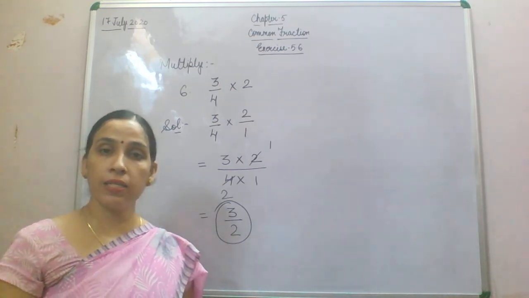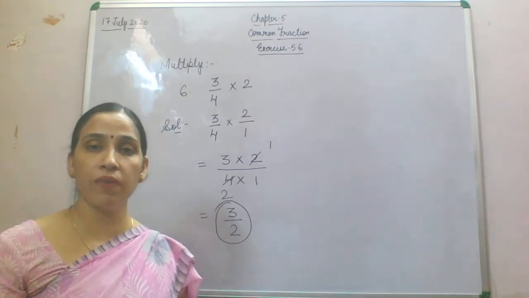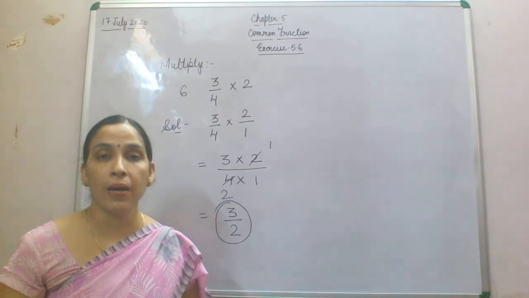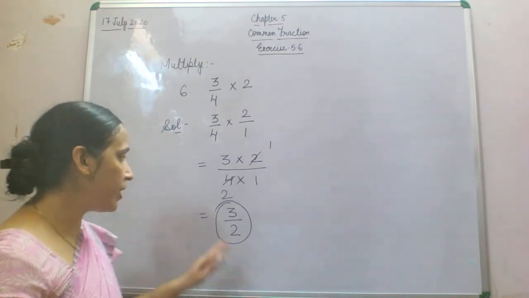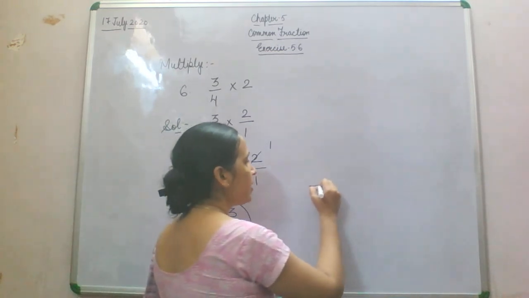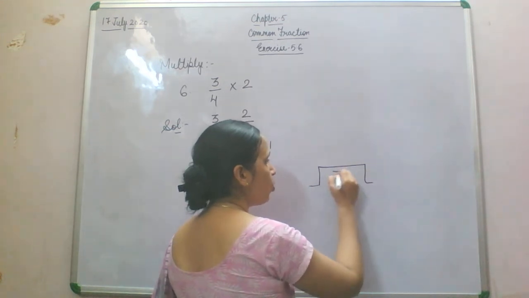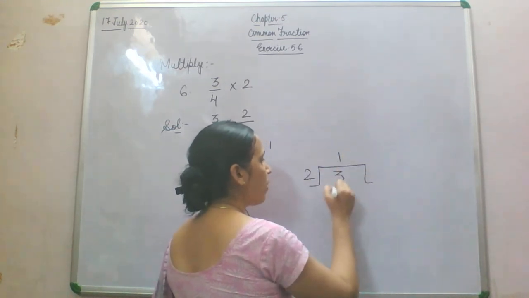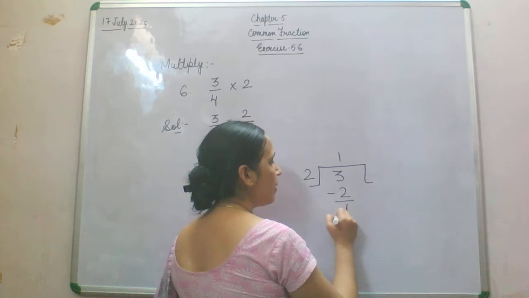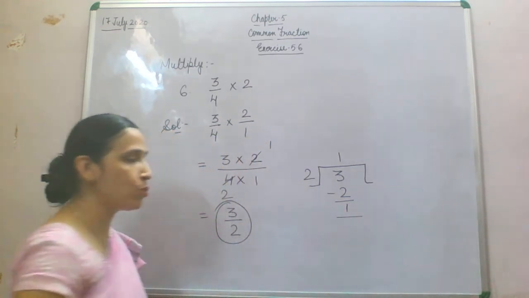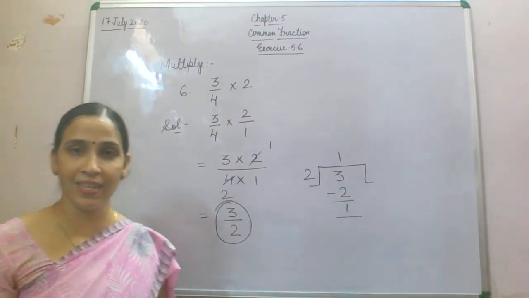So what are the steps to convert an improper fraction into a mixed fraction? By doing division. Now 3 will be divided by 2. I am repeating it again and again so you don't have any doubt. 2 ones are 2, 1 will be remaining. Now what are the steps to write it? Yes, correct.